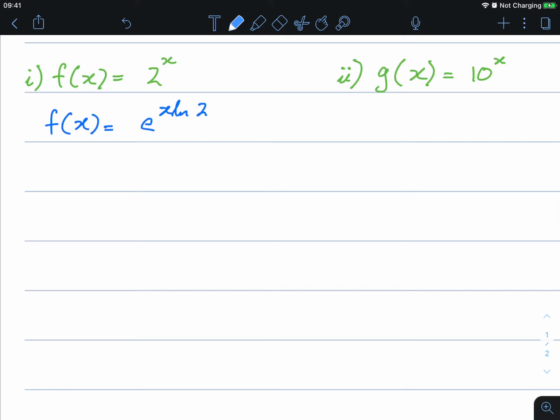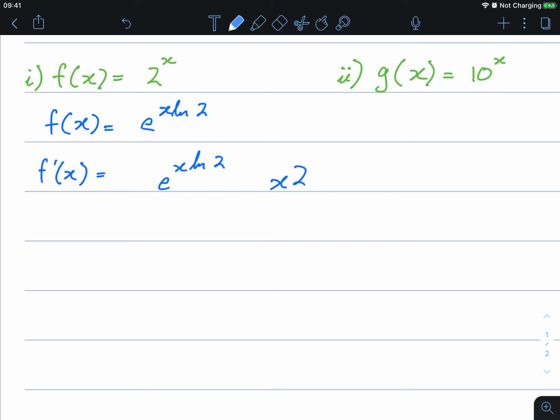We can now differentiate this. This is now going to be f prime of x. The derivative of e to the x is always itself, so e to the x ln of 2. But we now need the derivative of x ln 2. Because ln 2 is a number, think of this as 2x, even though it looks kind of funky.